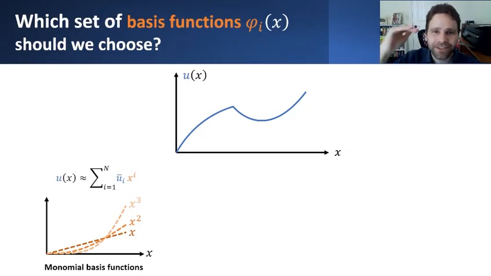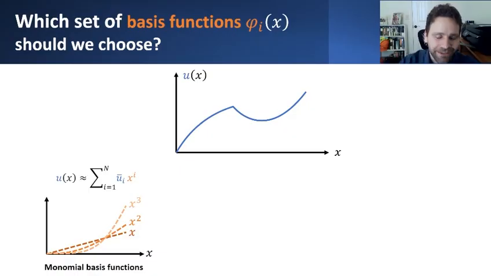As you increase the number of these monomial terms, as you increase the maximum power and expand the number of functions that you consider, in the limit, as you make that set of functions bigger and bigger, you actually do have some interesting properties that suggest that you will converge to the correct answer or the exact solution.